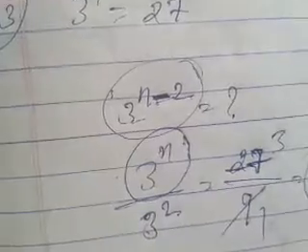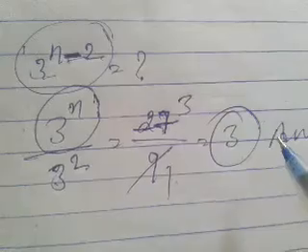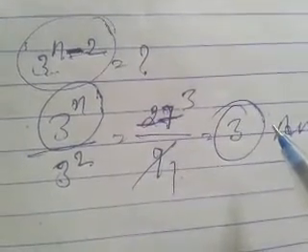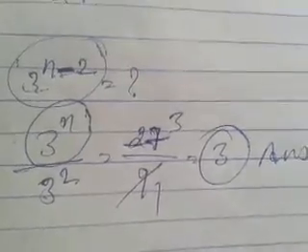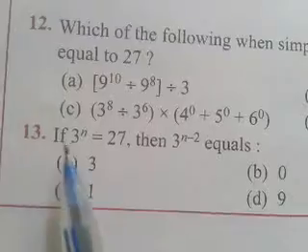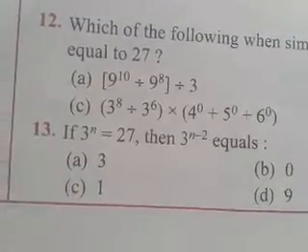So correct answer will be 3 of this question. So 3 is given in option A. Option A is the correct answer of the given question number 13.